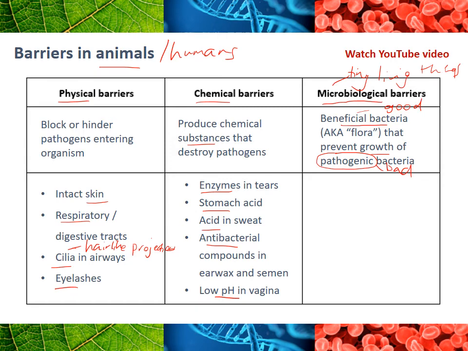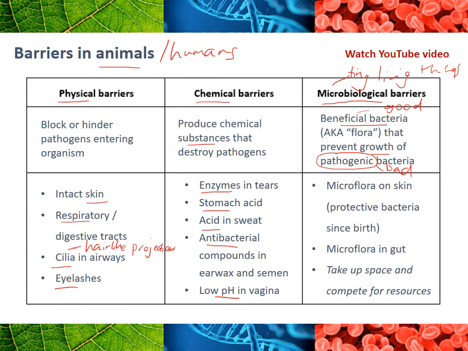And another word for this is flora, which is also what we call flower. And it's often because, you know, on microscopic images, beneficial bacteria kind of form these patterns that almost look like a growth of flowers. Okay, so we've got this microflora on our skin.